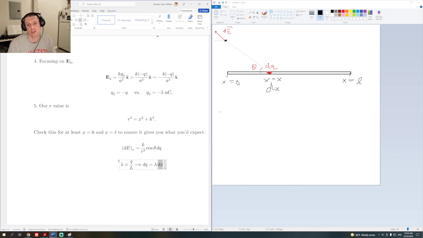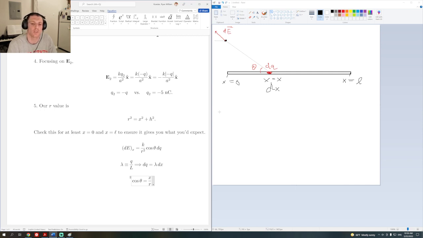Then we take this and plug it into our expression above. We also have to substitute for cosine. Remember, cosine theta is adjacent over hypotenuse, so it's going to be x over r, not r squared. I almost wrote r squared. It's going to be x over r.